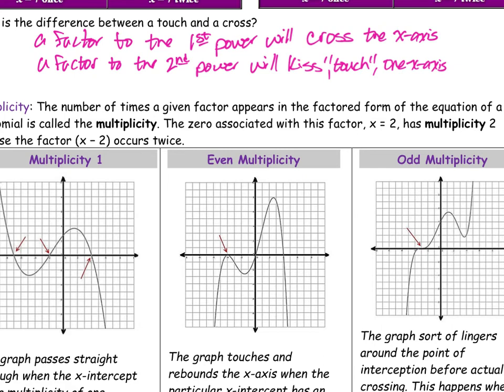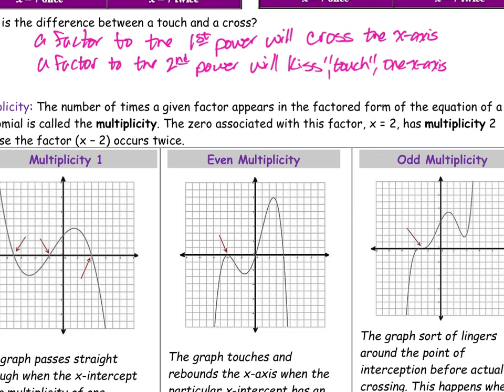Multiplicity is the number of times a given factor appears in the factored form of the equation of a polynomial. The 0 associated with this factor, x equals 2, has a multiplicity of 2 because the factor x minus 2 occurs twice. That's just an example they came up with.